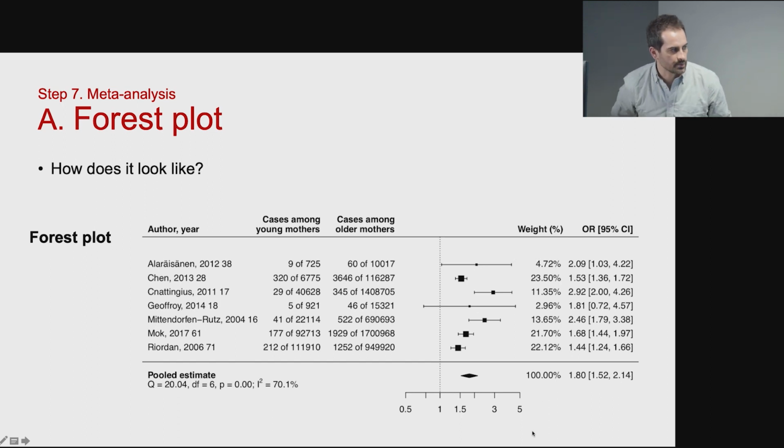So it counts like 4% for the estimation of the pooled estimate of the overall effect size. And these studies account for 23% because they have large samples, they are very precise, very trustworthy. The overall effect size is the same principle, just represented differently, but the width of this figure represents the confidence intervals, right?